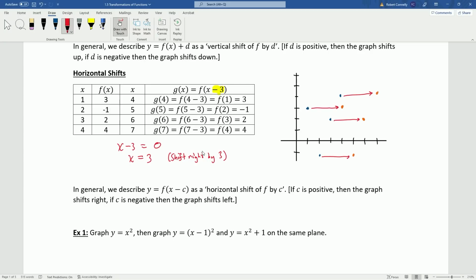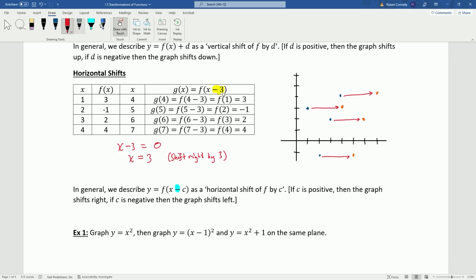So when we write this expression, y equals f of x minus c, this is a horizontal shift of f by c. If c is positive, then the graph shifts right, and if c is negative, then the graph shifts left. Notice, in this case, the negative is built into the formula. So when we say c is negative, it would be negative a negative number, so the result would be something positive. Hopefully that's clear.